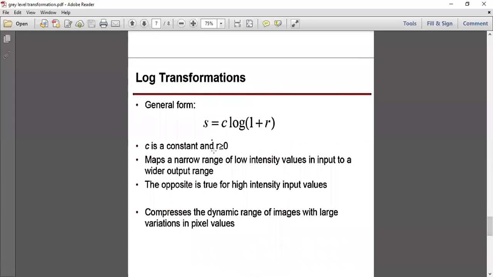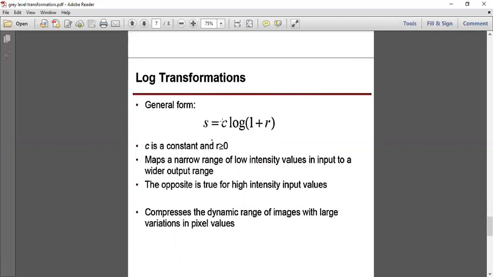Log transform. The general formula for log transform is S is equal to C times log of 1 plus R. Here C is a constant value, and R is greater than or equal to 0. C value can be anything, 0, 10, 1, 11, 50, 100, anything. As much as the C value changes, the brightness of the image will increase.